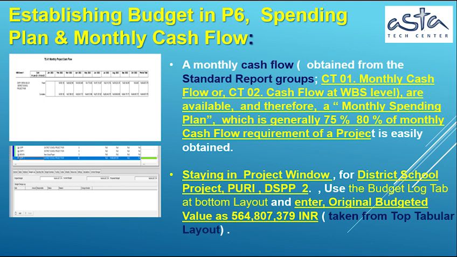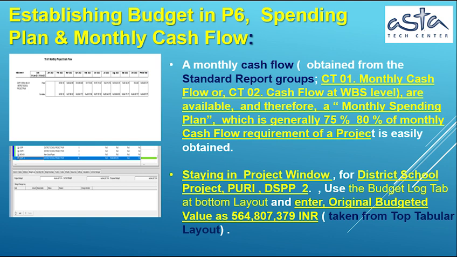A monthly cash flow is obtained from the standard report groups, CT01, Monthly cash flow, or CT02. Cash flow at WBS level is available, and therefore a monthly spending plan is easily generated, which is generally 75% to 80% of the monthly cash flow requirement of a project.